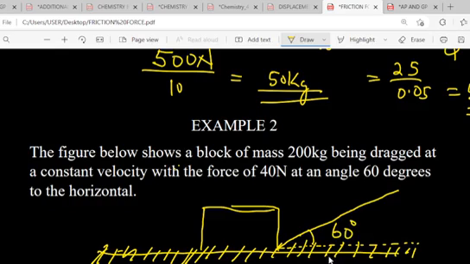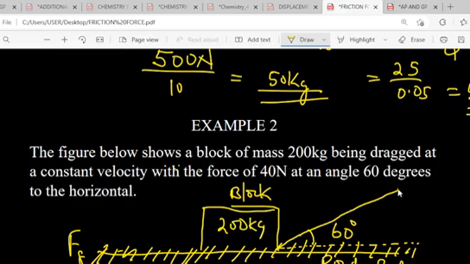60 degrees. This is a rough surface, and here we have the friction force. Here I have the friction force, and the block is 200 kg.